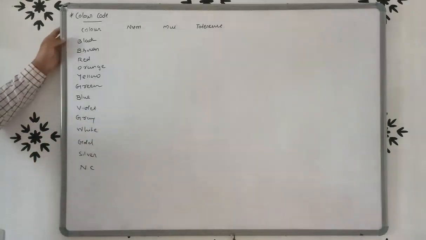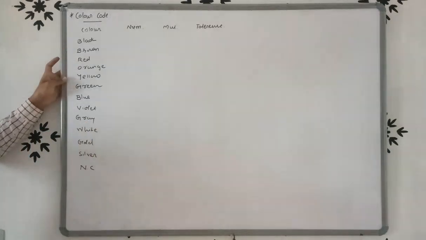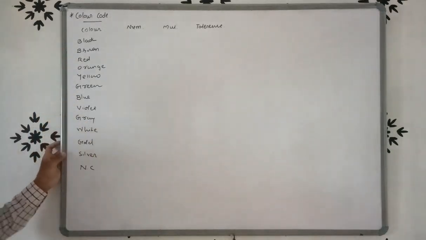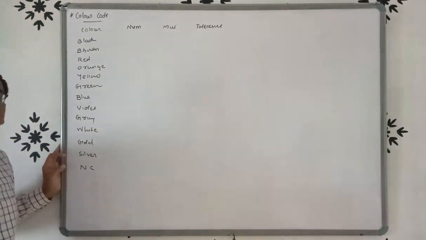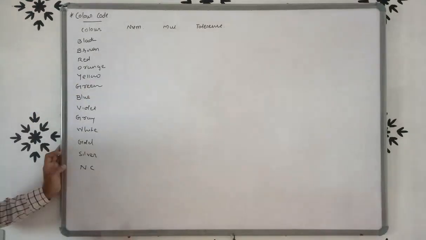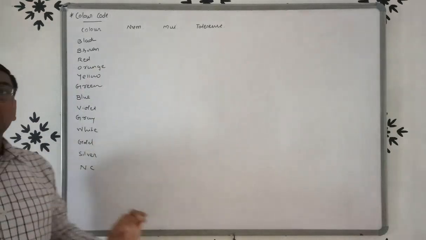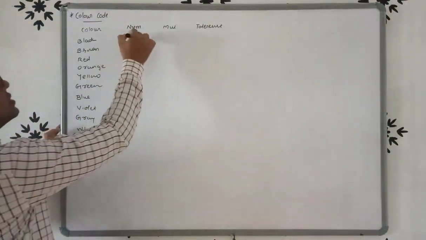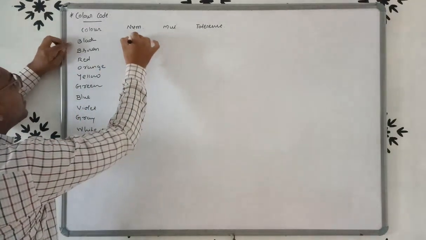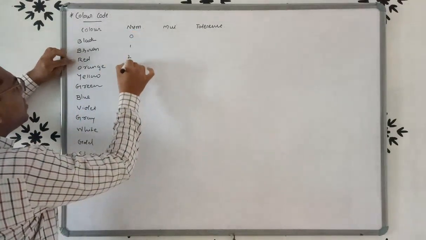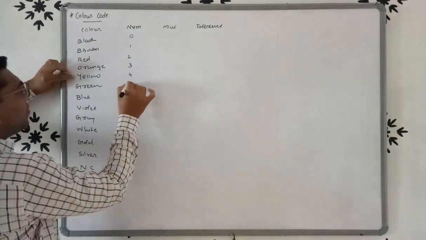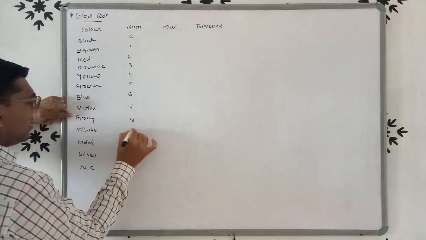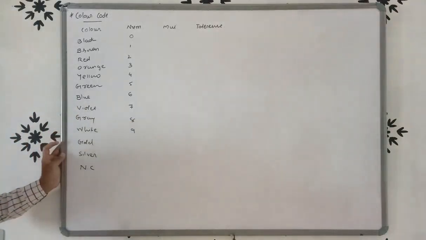So from this scheme, B Roy goes to Bombay via gateway of gold, silver, and at last NC, that means no color. Now in number, you have to simply write the numbers from 0 to 9 like this: 0, 1, 2, 3, 4, 5, 6, 7, 8, 9.